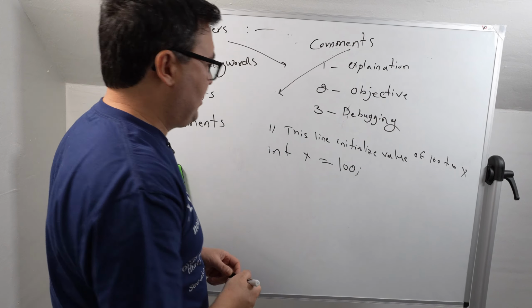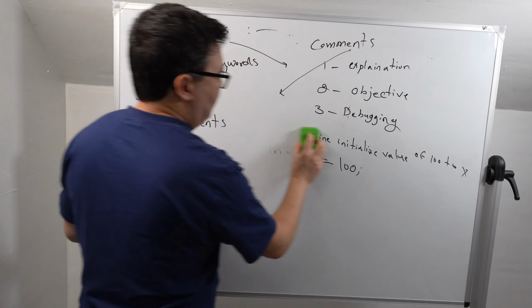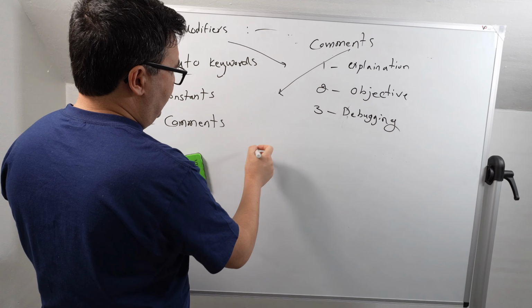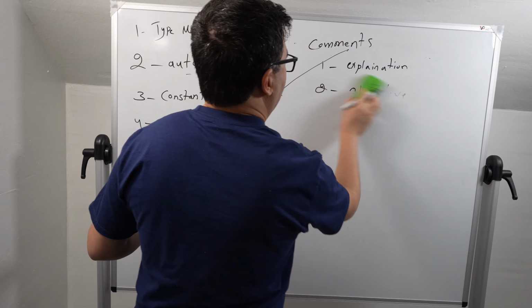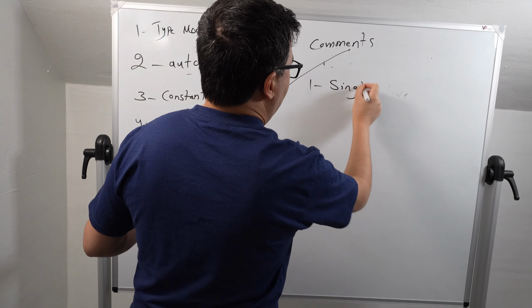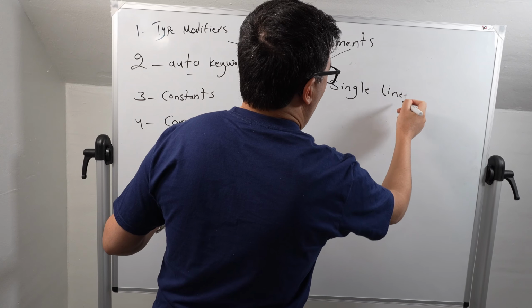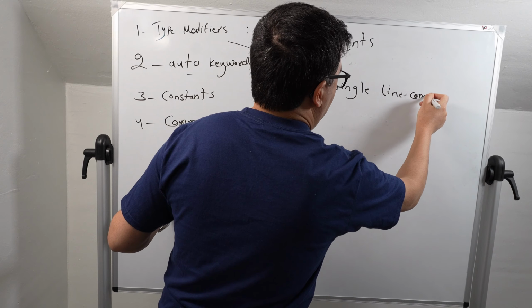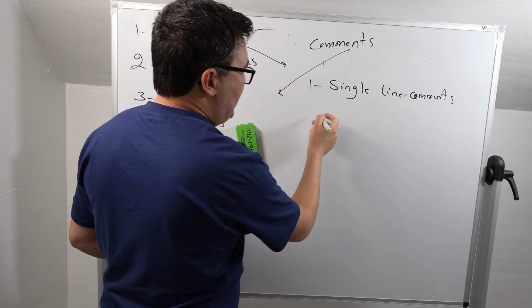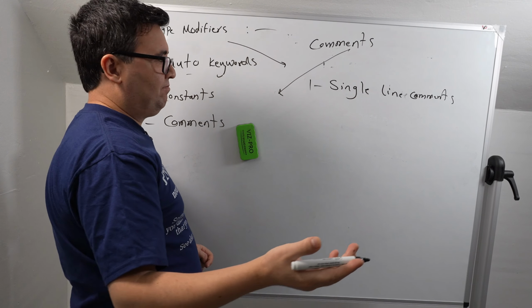So in C++, we have two kinds of comments. One, single line comments, which, as the name says, comment a single line of code.